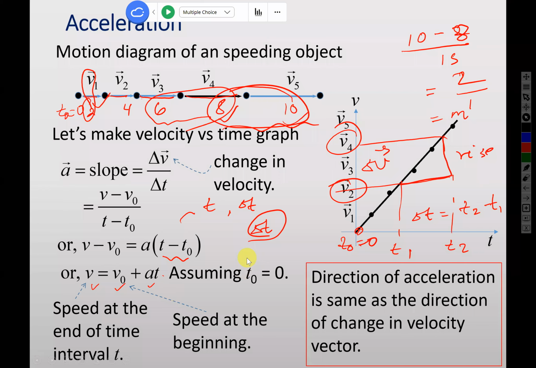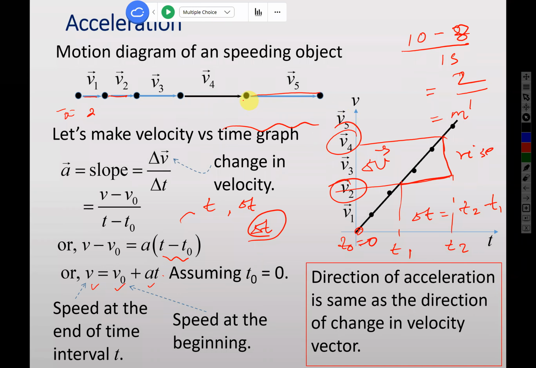So direction of acceleration is same as the direction of change in velocity vector. So for example, in this case, velocity is increasing. So if I were to draw V4 over here, what's going to happen? The initial in this case is going to be V4 because we are just looking at V4 and V2, V5. So it's going to be pointing that way. So change in velocity is pointing in the same direction as the velocities or motion.